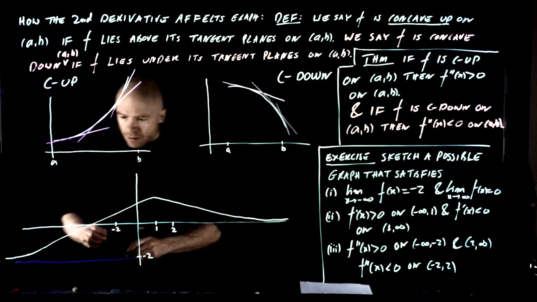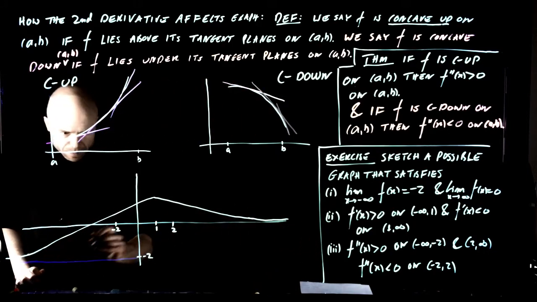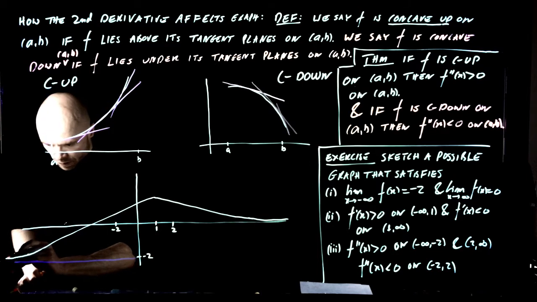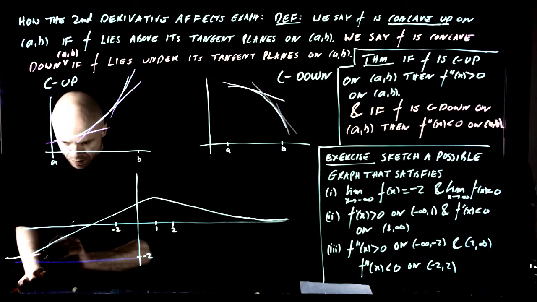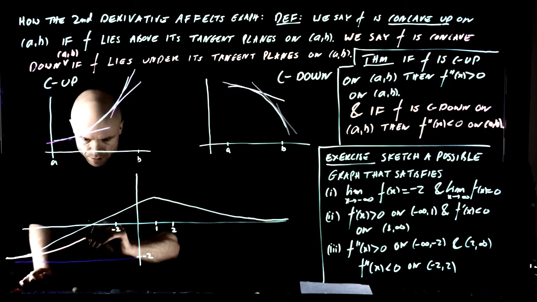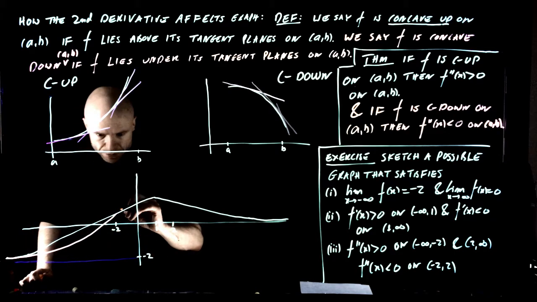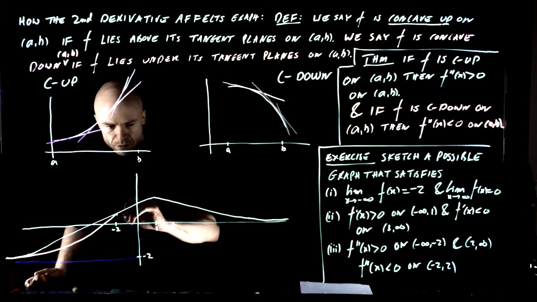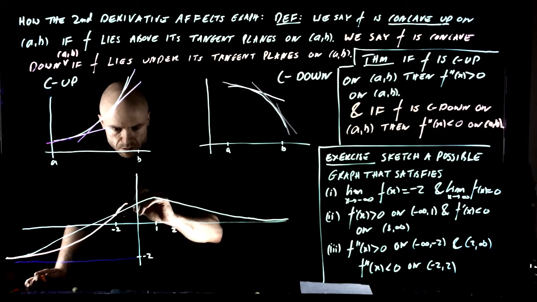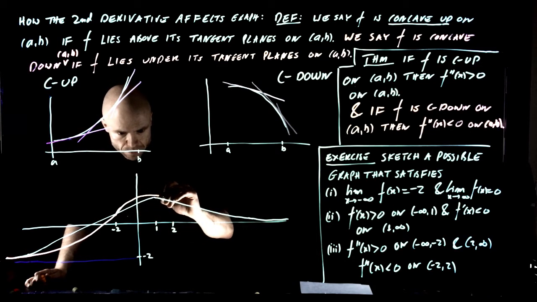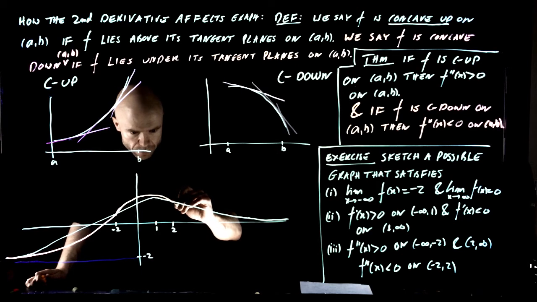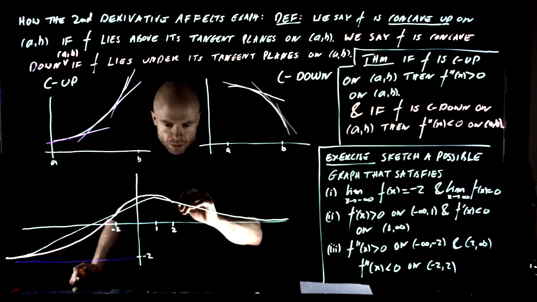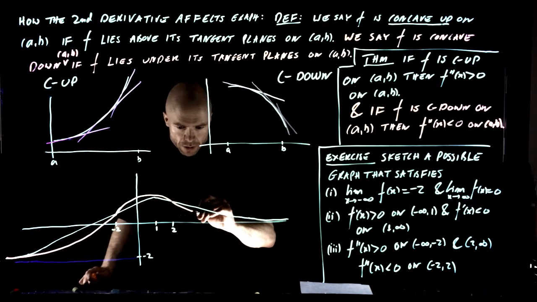So let's, on top of this, create something that is concave up all the way up to minus 2, and then from minus 2 to 2 make it concave down like this, say, and then from 2 to infinity we're going to make it concave up again.